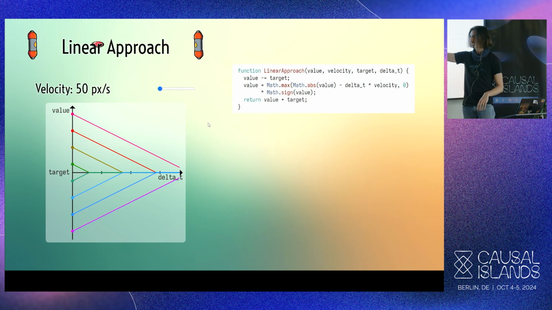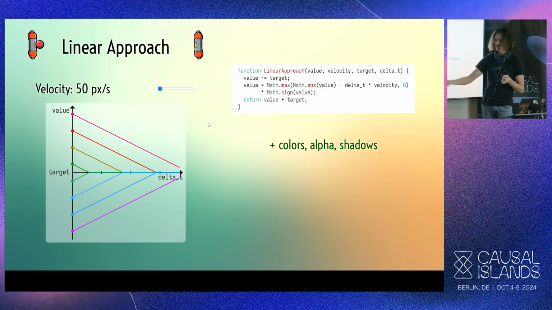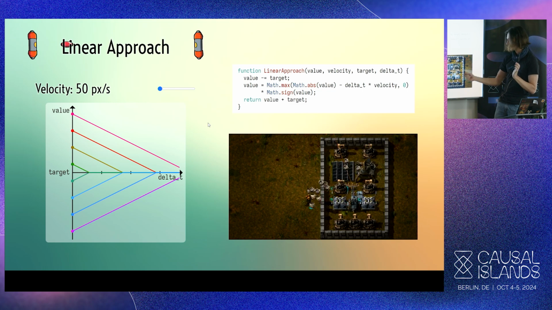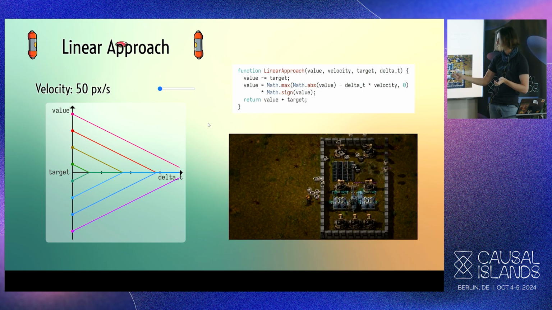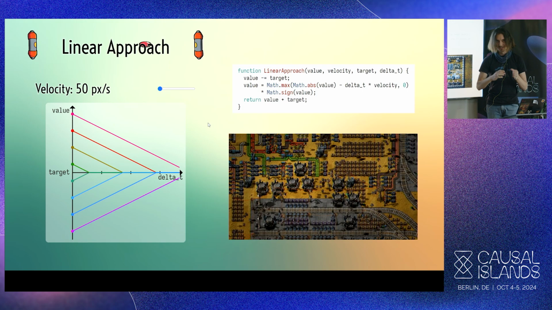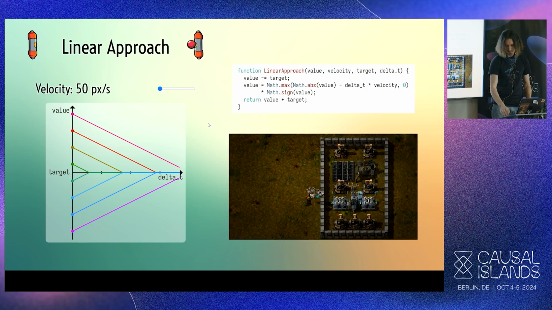It was very popular in retro games, but it is still the best type of animation if you want to animate color transitions, transparency, all sorts of lighting effects. Some games, such as Factorio, actually use the linear approach because of its simplicity. It's very easy to simulate movement of a huge number of objects because their movement is very predictable.